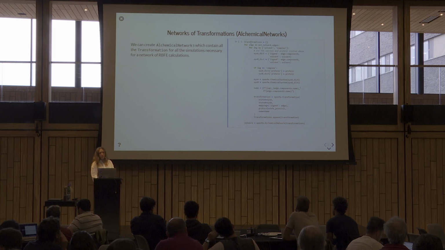And the way we do it is that we just loop over all the edges in our network, and over the two legs in our thermodynamic cycle, we create the chemical systems, and we create the alchemical transformations from the chemical systems, from the mapping and the protocol that we're applying.